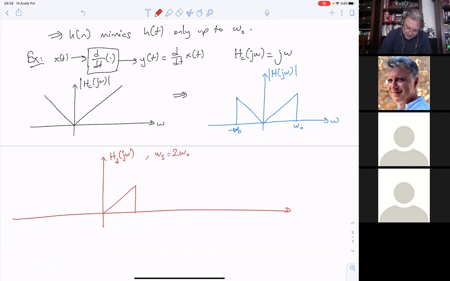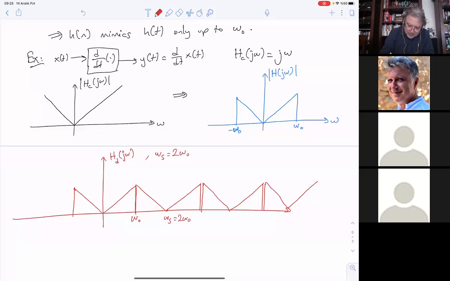We have this, as we know. And this is omega 0. Omega s is 2 omega 0, as we have set. And therefore, we will have a repetition like this, and then another repetition like this. It's all going exactly like this.